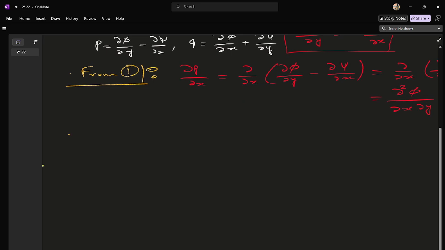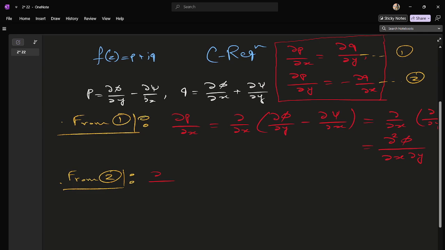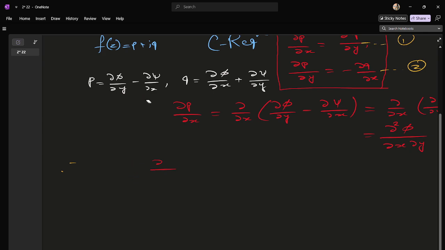Now from 2, what are we getting? Now I am only calculating del p by del y to put them in our equations.